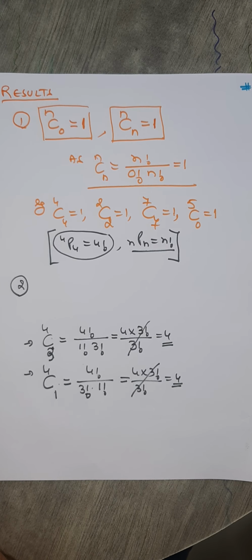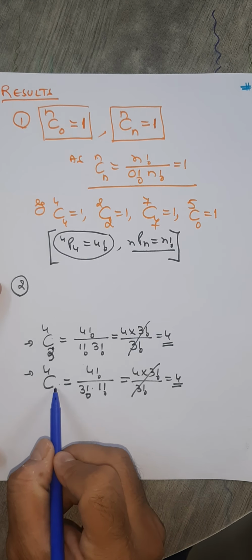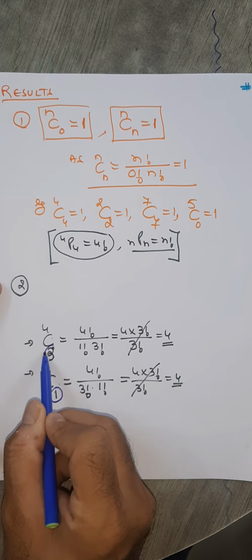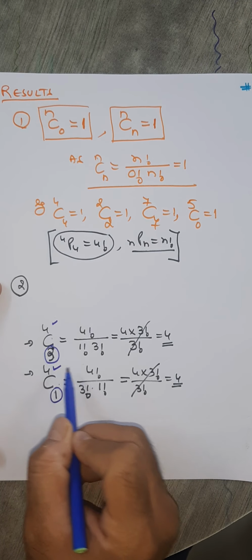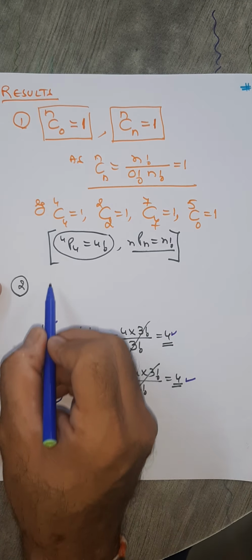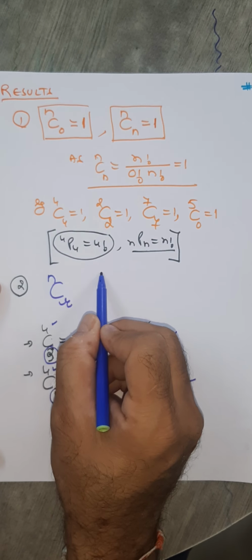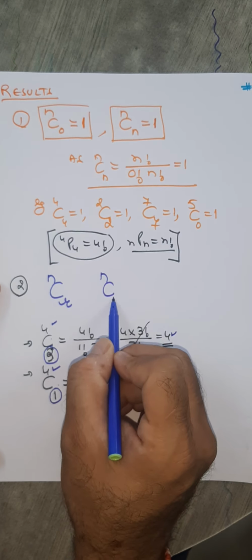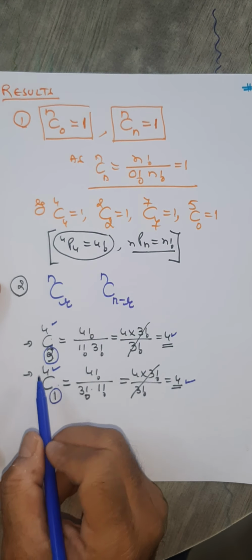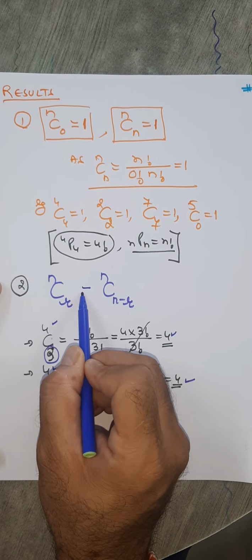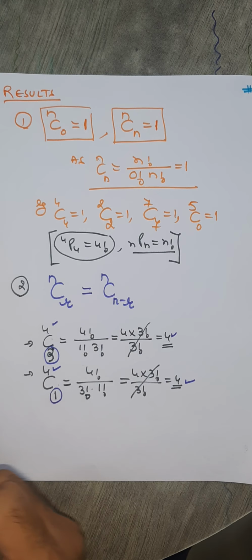What we have noticed in these two is, if the sum of the two lower numbers equals the number above, then these two values are equal. So this is the next important result: nCr and nC(n minus r) are always equal, remember. See what we have noticed?